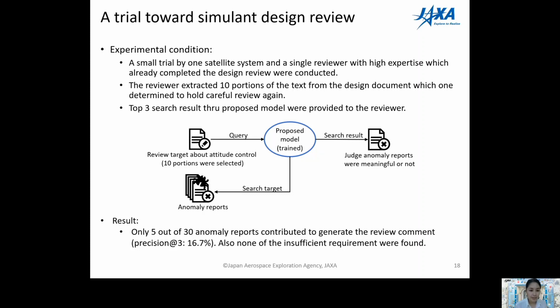The reviewer extracted 10% of the text from the design document, which is the review target, determined to hold careful review again. The top 3 search results from the proposed model were provided to the reviewer. After that, the reviewer judged whether the anomaly reports were meaningful or not.